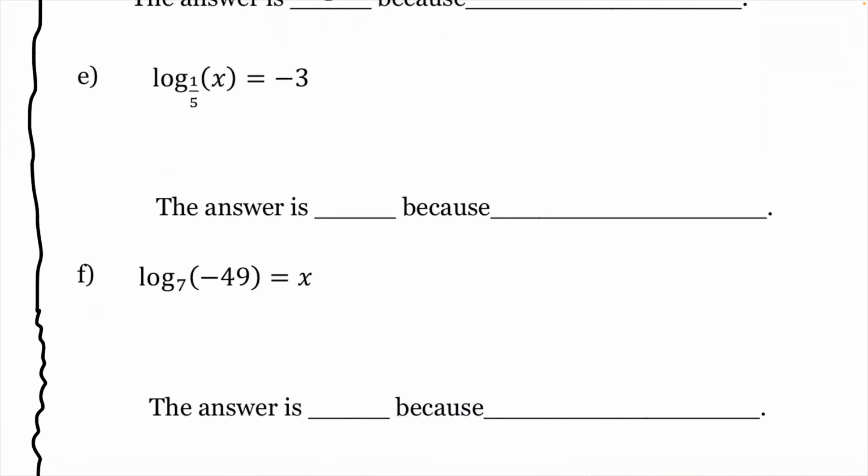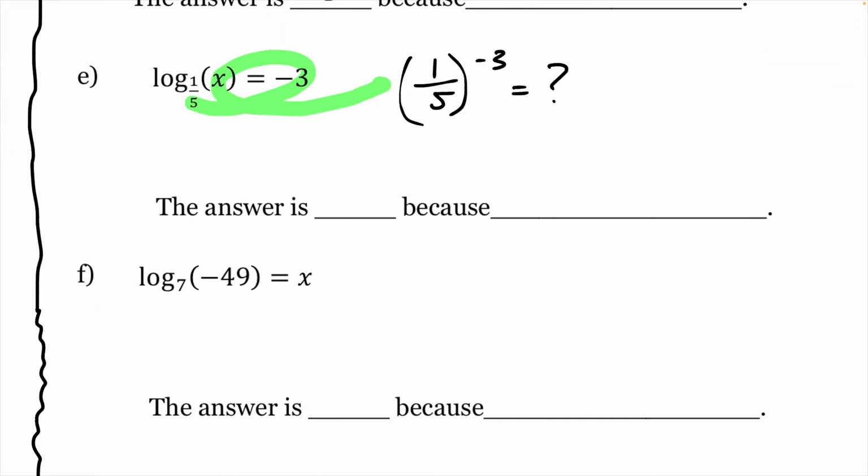So this one, E, the answer is missing. 1/5 to the negative 3 power equals what? So yeah, you just use your calculator and it's 125. It's 125 because 1/5 to the negative 3 power equals 125.